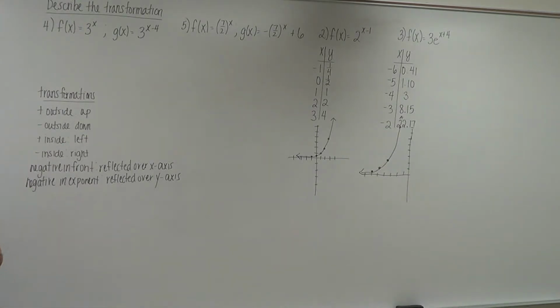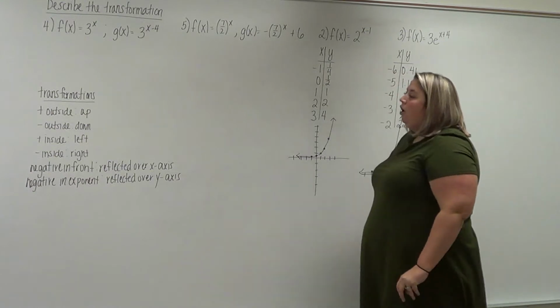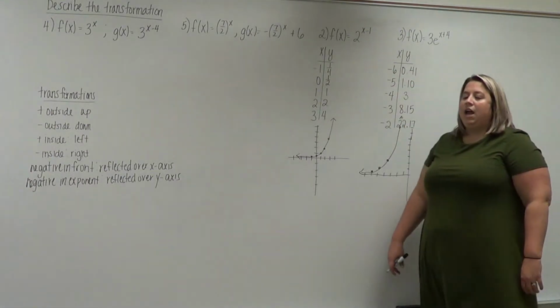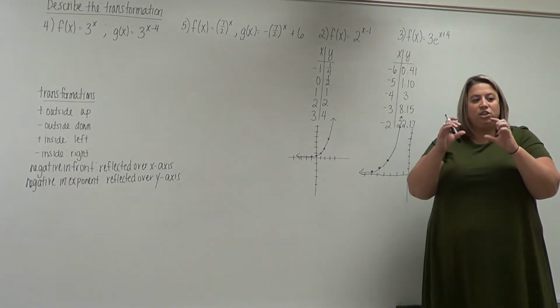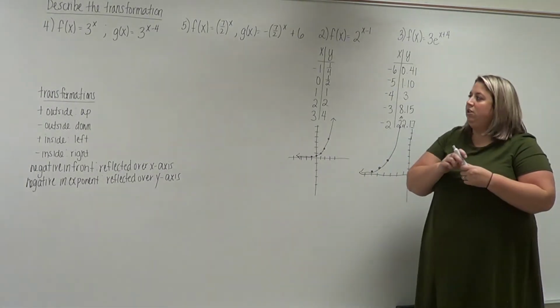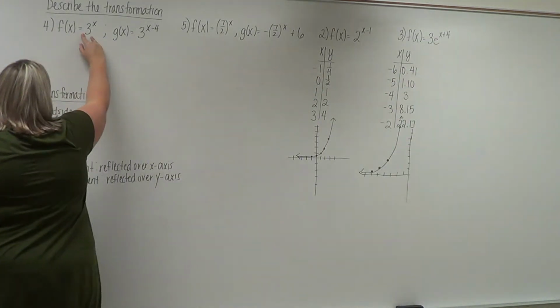Okay, so you have a part that's graphing toward the beginning, and then one toward the end. Alright, the next part will be describing the transformation. Now, you're looking at what changes from F to G. So you're not trying to describe what's going on in F. You're literally looking at, okay, this is my F equation.